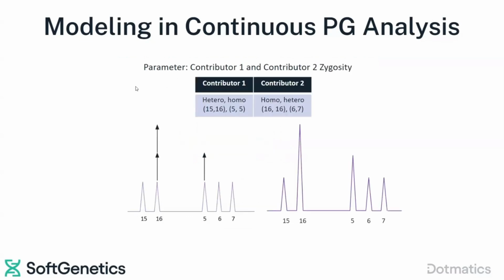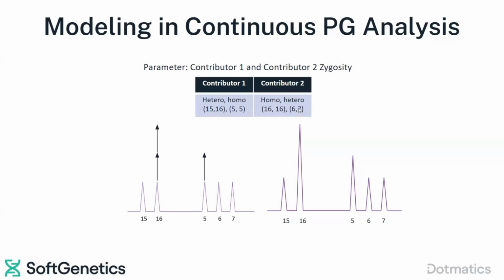Another parameter is the zygosity. If contributor 1 is heterozygous for 15 and 16, then you would have approximately equal height peaks at 15 and 16. And if it's homozygous for the second locus, we would expect to see this 5 allele significantly taller. If contributor 2 is homozygous for 16, that 16 is going to be a taller peak because it has 1 allele from contributor 1 and 2 alleles from contributor 2.